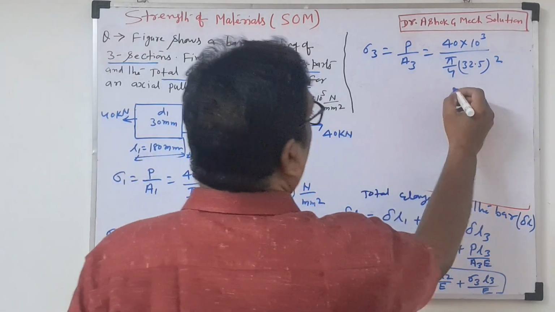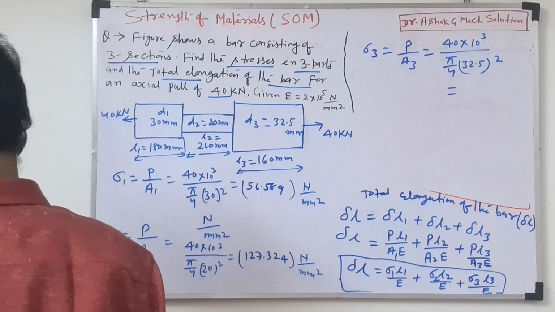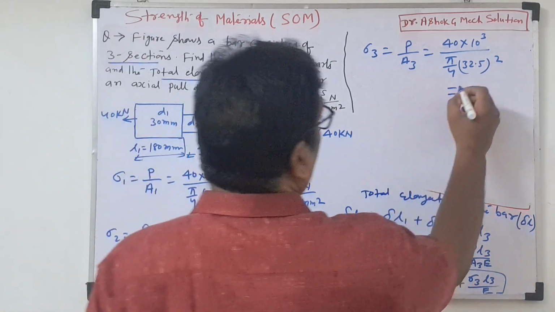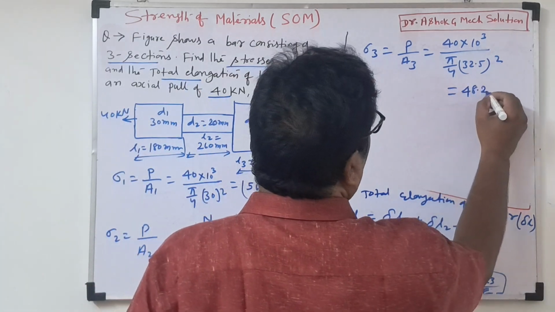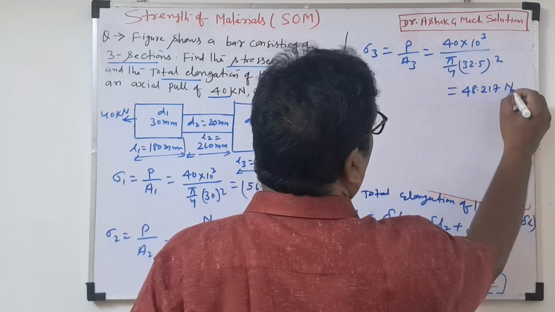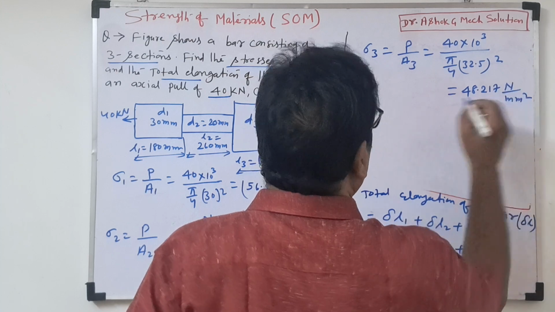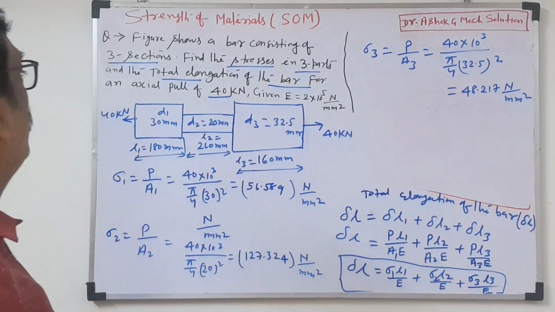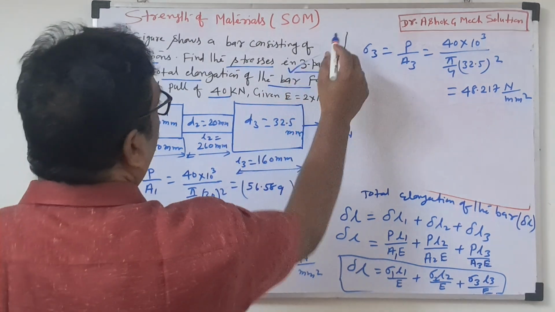So this value will come, 48.217 Newton per mm square. This is the unit for the stress. So the stresses on the three parts are done.